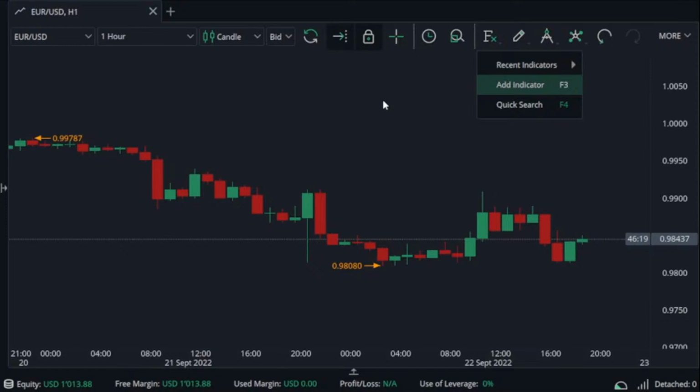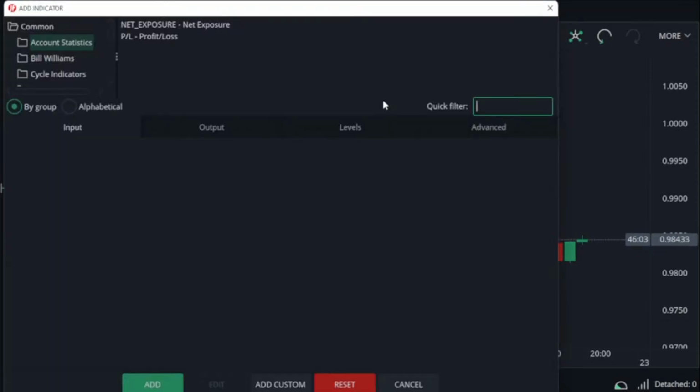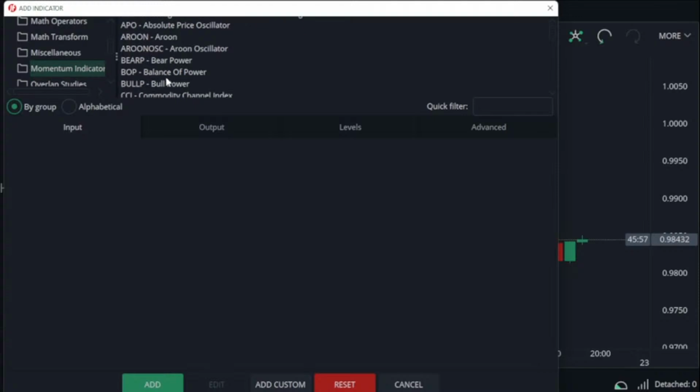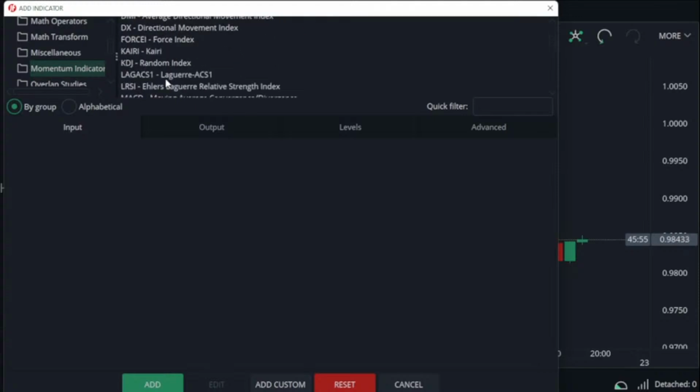In the add indicator options, if you press F3, you will see these indicators listed amongst the momentum indicators. Here is the list of the momentum indicators, and it is listed below indicators like ACS1, and below that we have the Laguerre relative strength index.